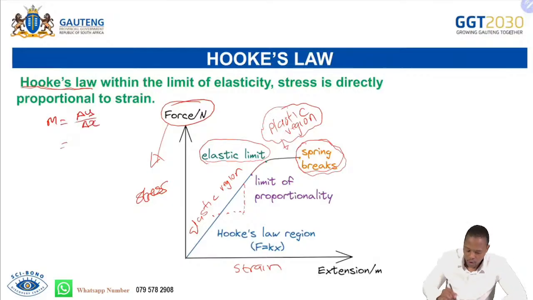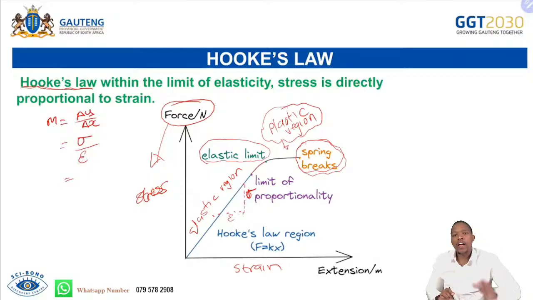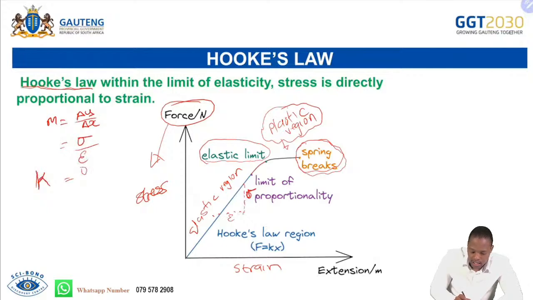So the gradient of the graph here will give us the change in y values, which is the stress, over the change in x values, which is the strain. And what this is called, Grade 12, is the modulus of elasticity with the symbol capital letter K. Modulus of elasticity is given by the stress over the strain.